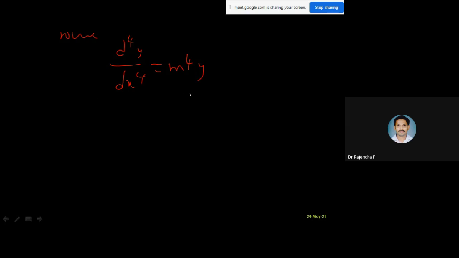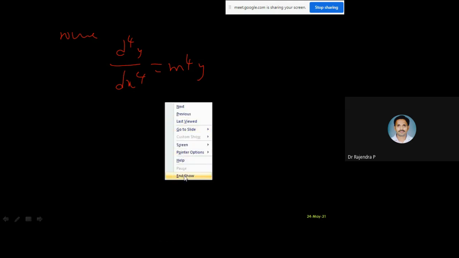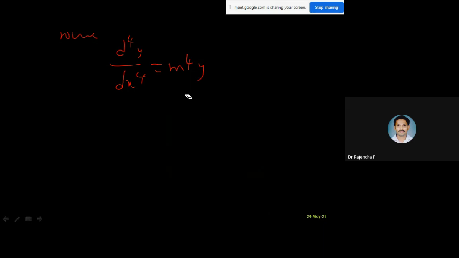Of course, all y terms we have to take to the other side. So what I'm doing here: d to the power of 4 y by dx to the power of 4 minus m to the power of 4 y is equal to 0.